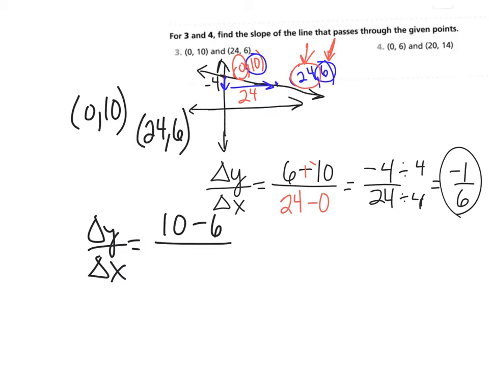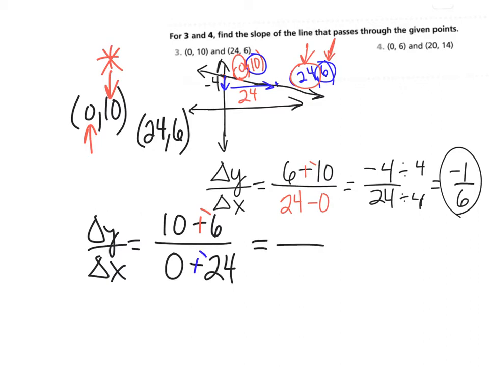And you might say, how is that? Well, if we did 10 minus 6, we started over here. Then when we do our change in x, we also have to start over here, and so we would do 0 minus 24. In both cases, if you want to add the opposite, you can.